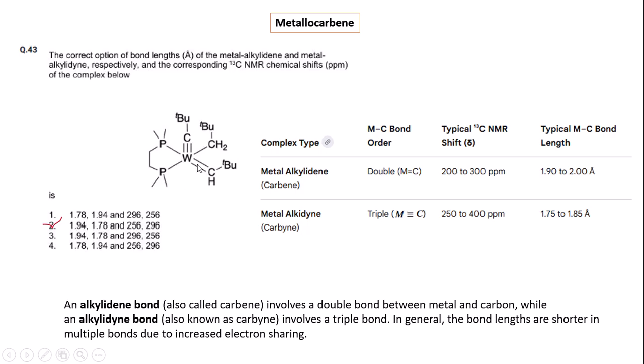Again, we know that the bond length in case of the alkyne system is lower than that of the alkene system. This phenomenon is similar to the general case, but here the chemical shift phenomenon is completely reversed, where the alkyne carbon resonates at higher chemical shift and the alkene carbon resonates at lower chemical shift.